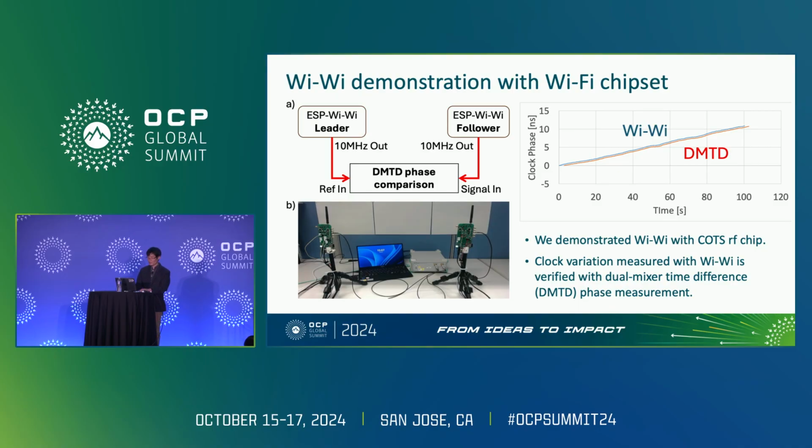So we use one of those signals to do the YY and monitor the clock deviation, and compared it with the DMTD phase comparison gadget, test equipment here, and both of them are basically measuring the same thing.